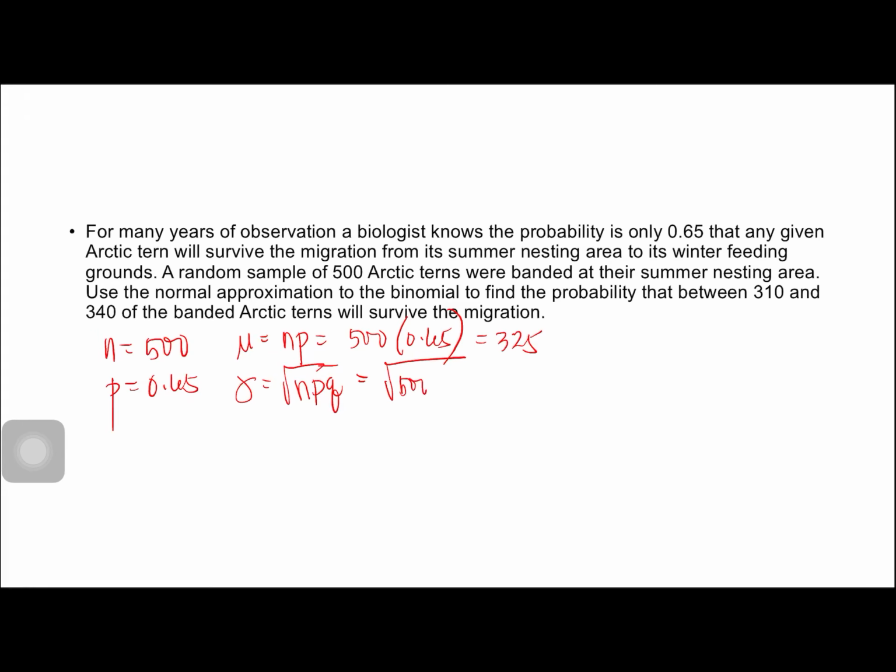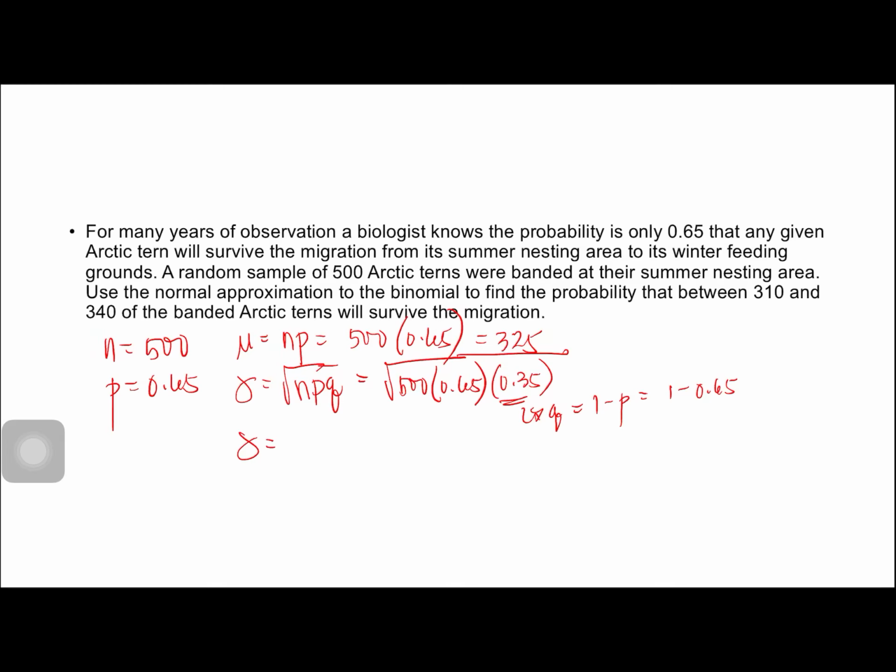Our sigma is equal to the square root of npq, that is the square root of 500 times 0.65 times 0.35. This 0.35 is our q, that is equal to 1 minus p, which is 1 minus 0.65.